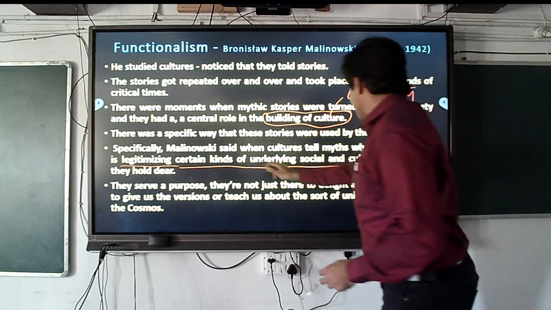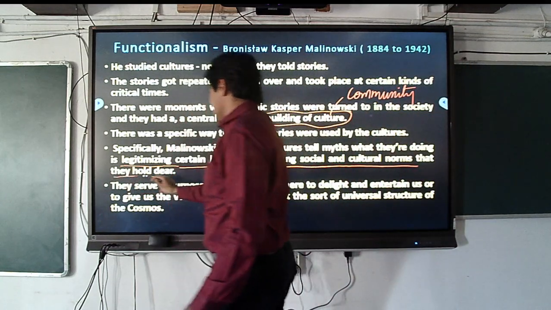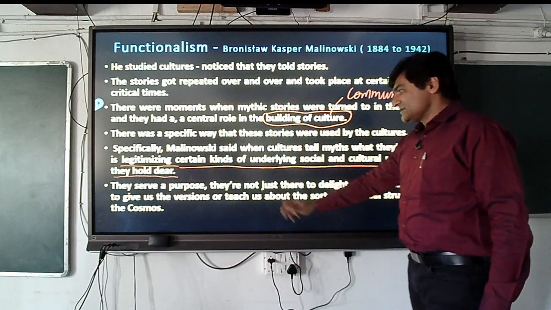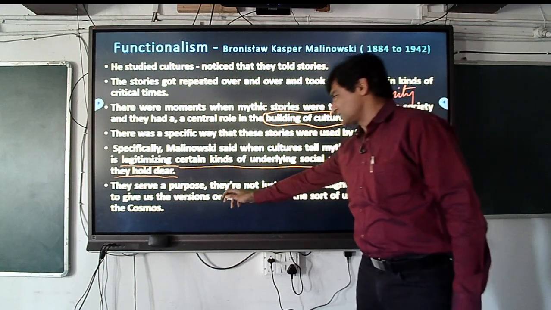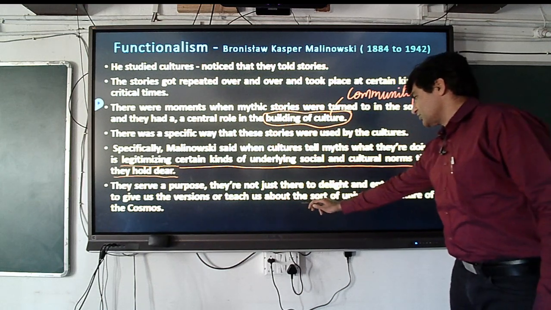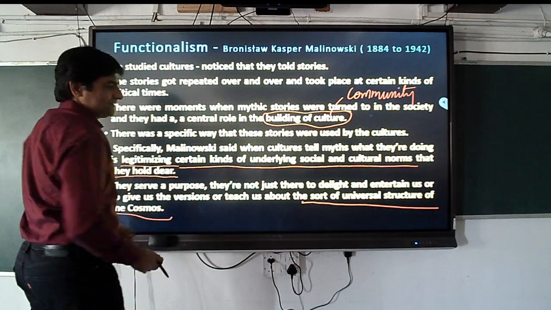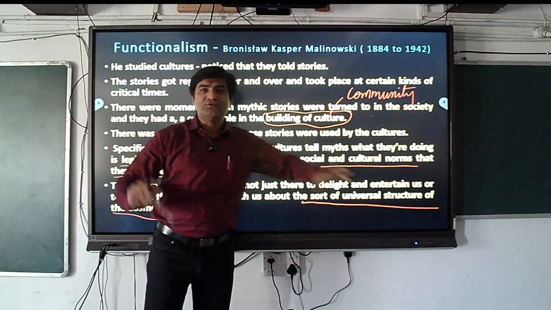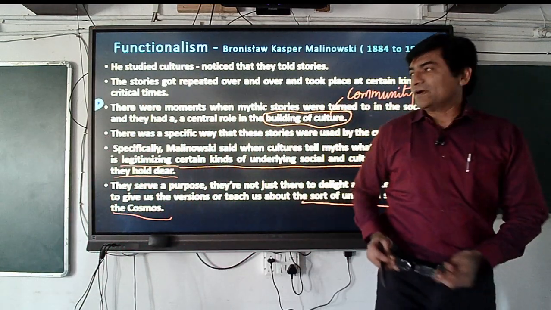Then underlying social and cultural norms that they hold dear. They serve a purpose. They are not just there to delight and entertain us or to give us the versions or to teach us about the universal structure of the cosmos. Okay? So they are there to perhaps explain some sort of universal structure of the cosmos. That is why the myths are there. There are those functional things about this.